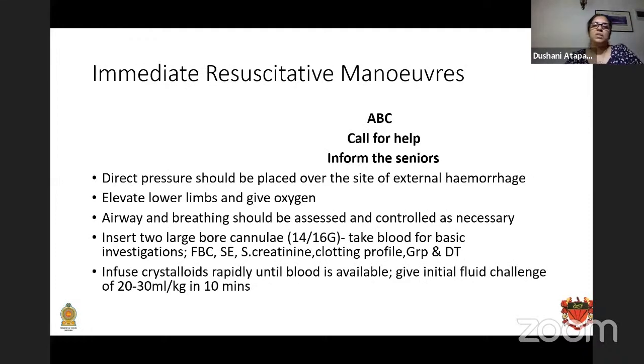What are your immediate resuscitative maneuvers? Your ABC, airway, breathing, circulation, and call for help and inform your seniors. Even though you are the most junior person in the ward, you are the most important person when it comes to patient management in the beginning.